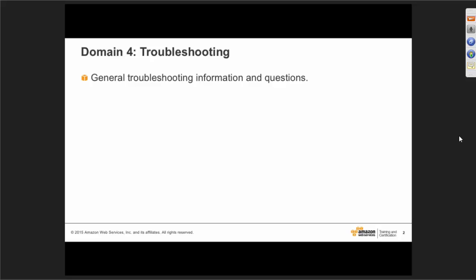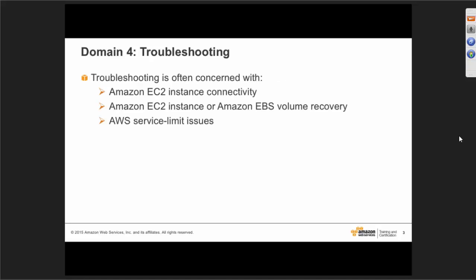If you have hands-on experience with working with AWS, you'll probably have run into some of the things that we're looking at. Mostly it's going to be around connectivity, honestly. So let's dive into the different pieces that are here.